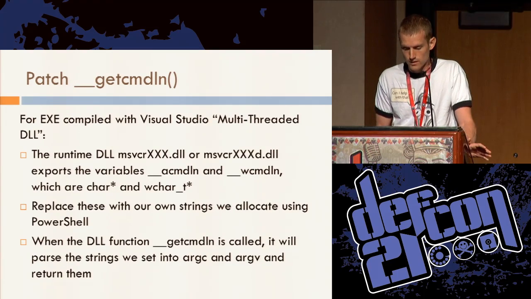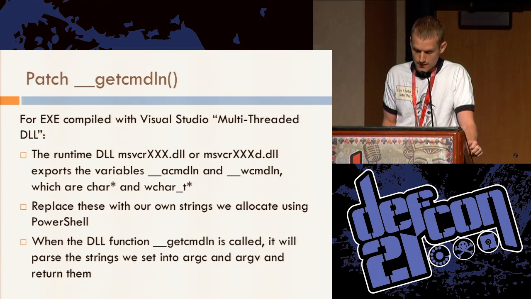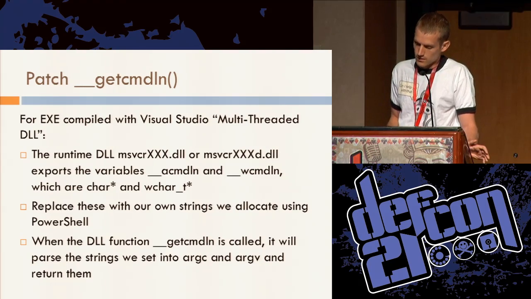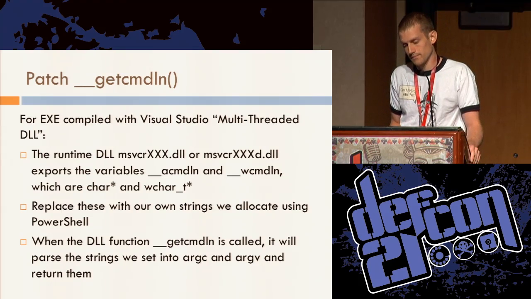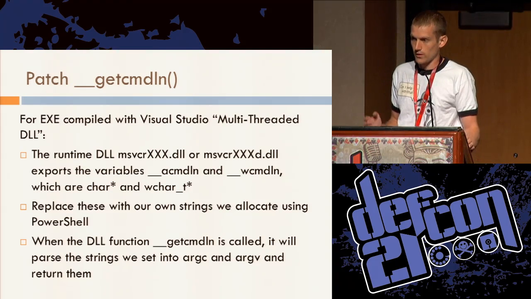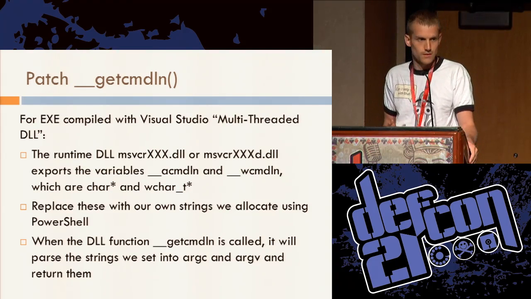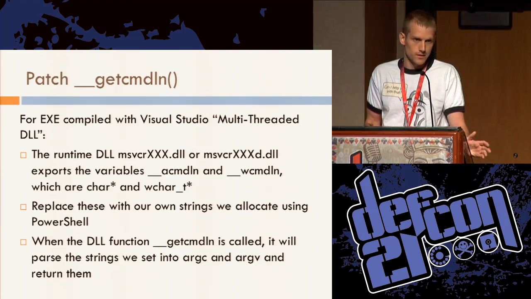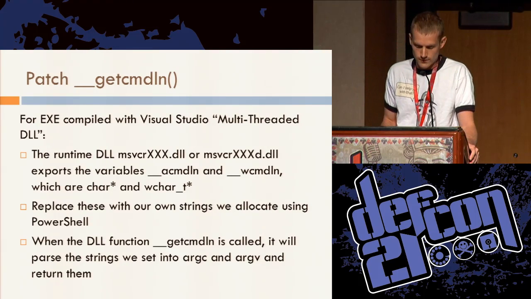The next function, __ get command line, is a little more complicated to overwrite. So I didn't want to do that. And the reason is it takes a number of parameters, and this function actually goes and parses out your command line arguments into argv and argc. I didn't want to go through the trouble of parsing stuff if I didn't need to.